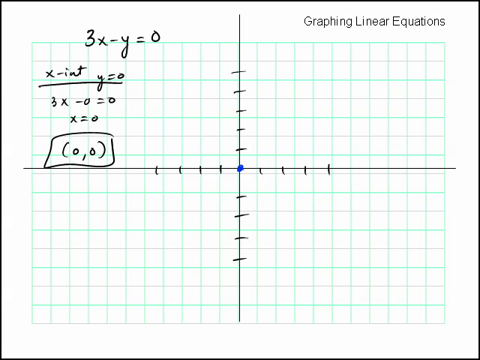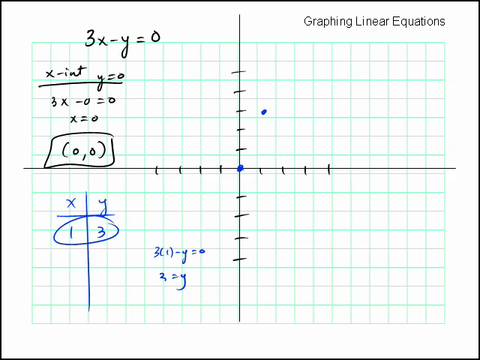I really don't have much choice here. I just have to pick another number for x and plug it in. So really what I have to do is resort back to my table of points. Picking a number for x, I'll just pick 1. If I plug 1 in there for x and I solve for y, I should get, let's see here, 3 times 1 minus y equals 0, that'd be y equals 3. So it goes through the ordered pair (1, 3).